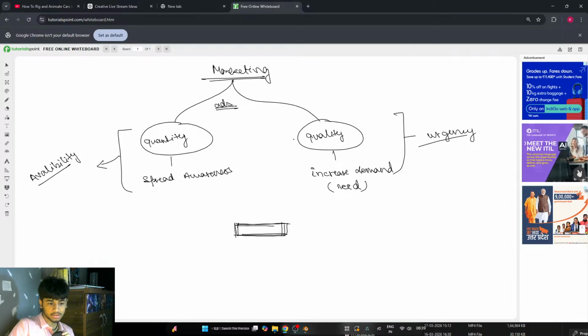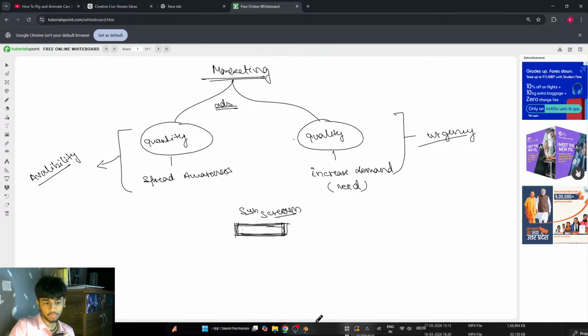So in that product, suppose this is a sunscreen product, and they are advertising in these both types of ads.